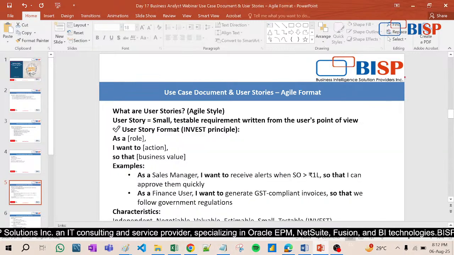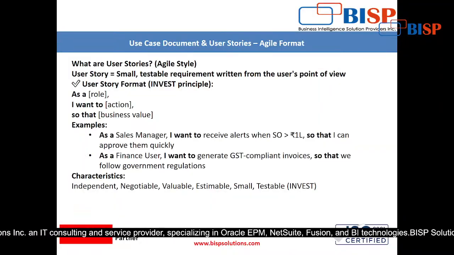For example, what are user stories? A user story is a small testable requirement written from the user's point of view. So what will be the user's point of view? As a role of purchase rep, in user story format: as a user role, I want to prepare a purchase order or sales order, so that there is business value.